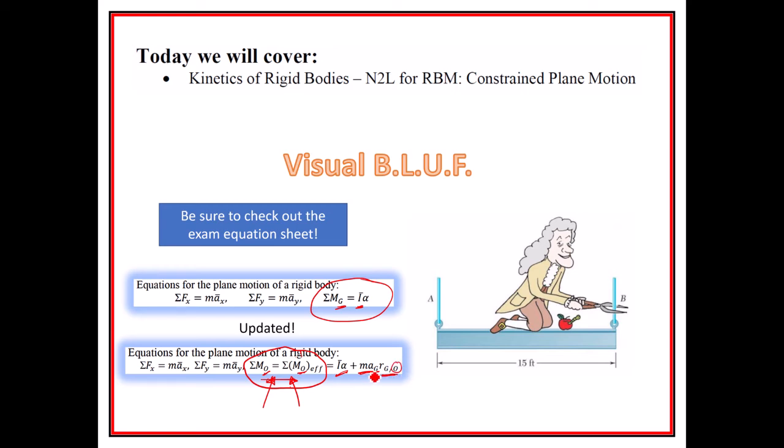The mass times acceleration refers to the acceleration at the center of gravity, and the position vector ends up perpendicular to that acceleration and acts like a moment arm for that inertial force.